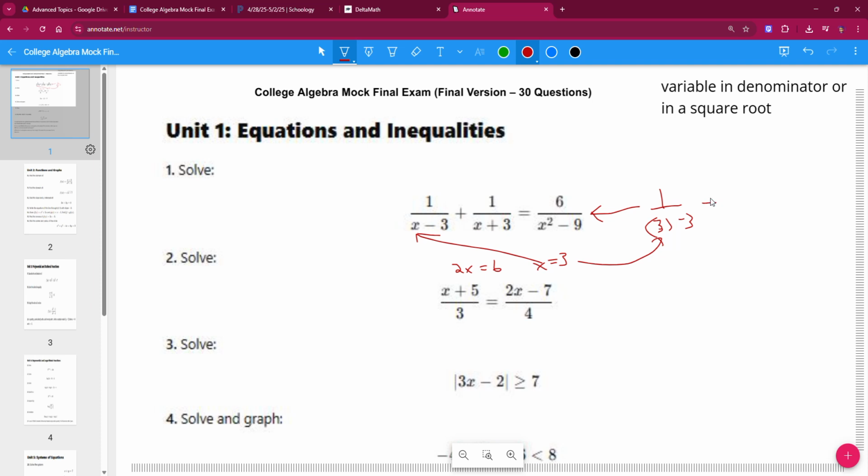And then plus 1 over 3 plus 3 equals 6 over 3 squared minus 9. And you might have already said, Mr. Hampton, you've wasted your time. Because right here, if I simplify that guy out, I get 1 over 0. I can't divide by 0, so we actually can't use this, and then there is no solution.